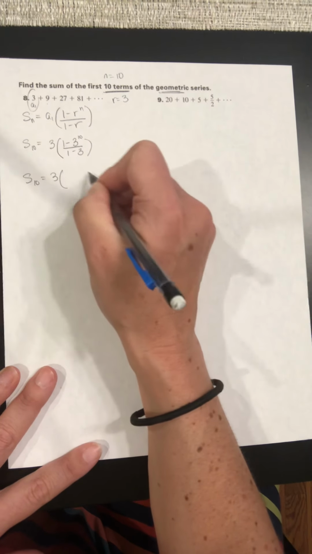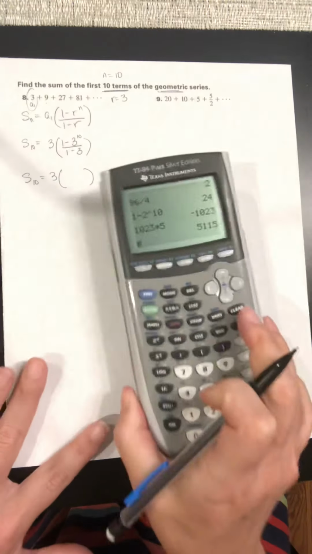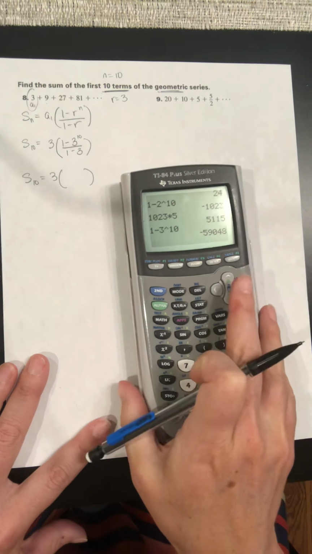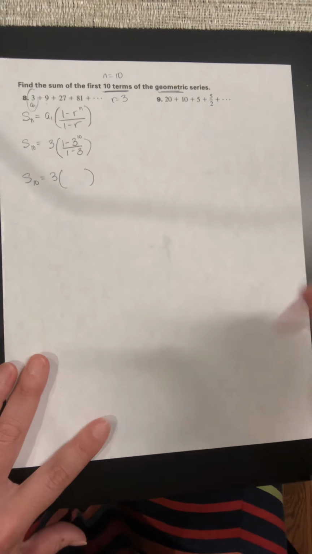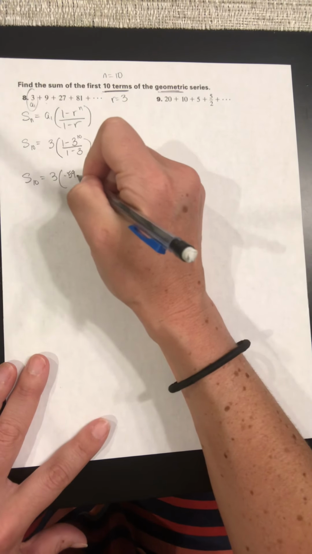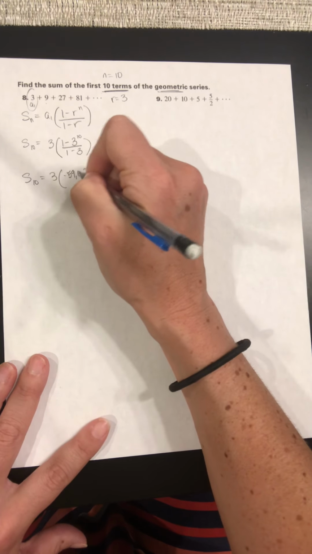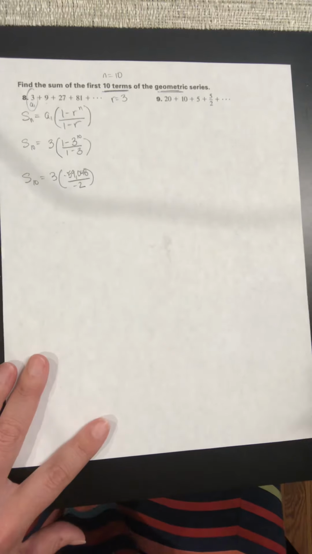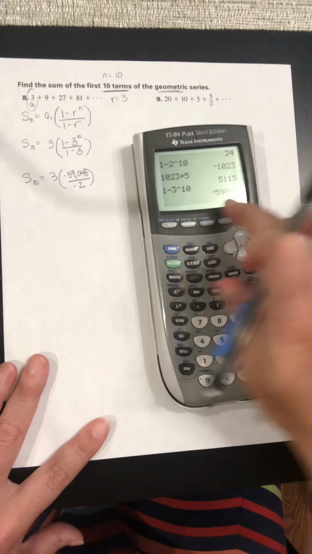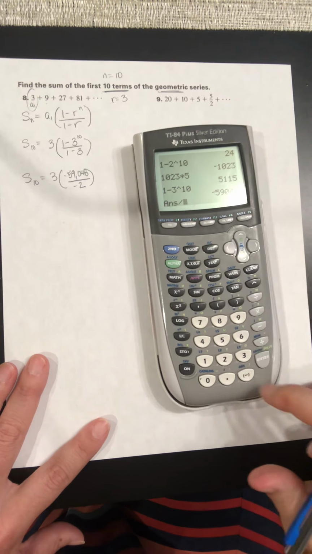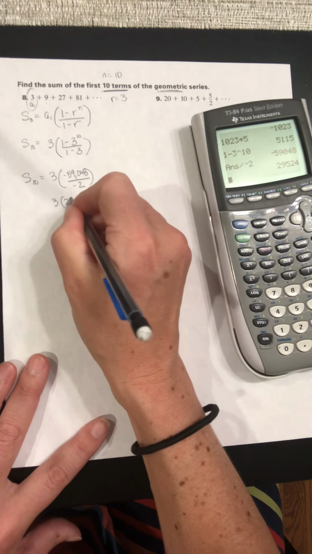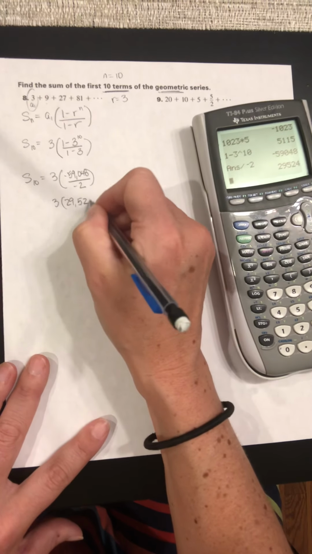Then I simplify numerator and denominator. I have no idea what that is. So 1 minus 3 to the 10th is negative 59,048, over negative 2, because 1 minus 3. So now, if I take this number divided by negative 2, I get 29,524.